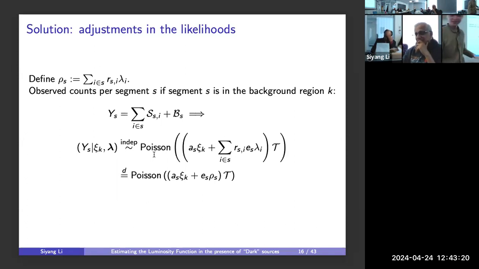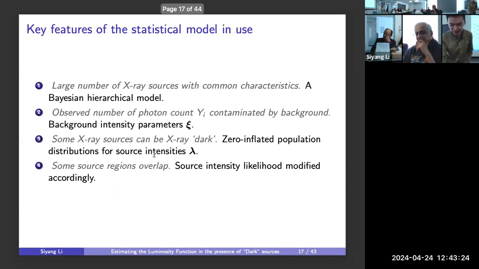So this gives us a statistical solution to the issue of overlapping source regions. To summarize, the key features in our statistical model, for the signal part, is that this is a Bayesian hierarchical model.